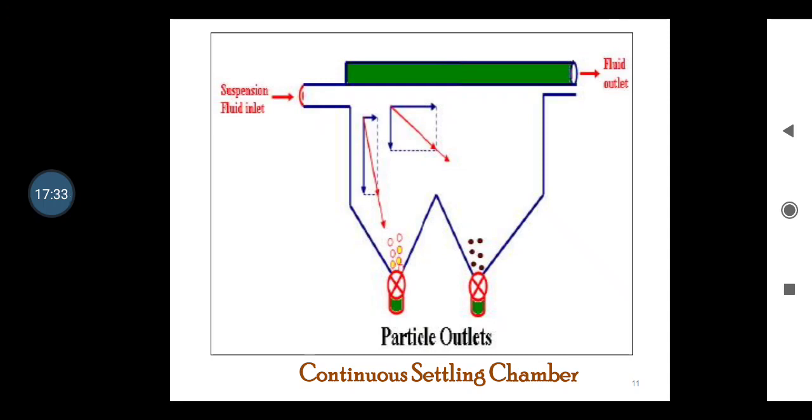If your aim is to separate the coarse from the fine, or if your sample has particles in a range, then you can go through the continuous settling chambers, where you can separate out your coarse, moderately coarse, fine and even very fine powders.